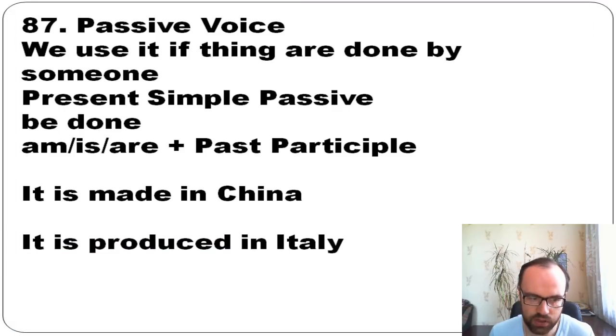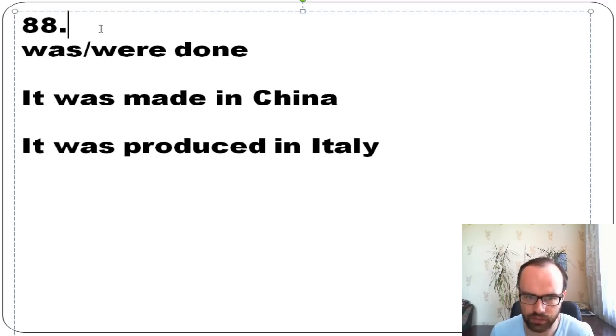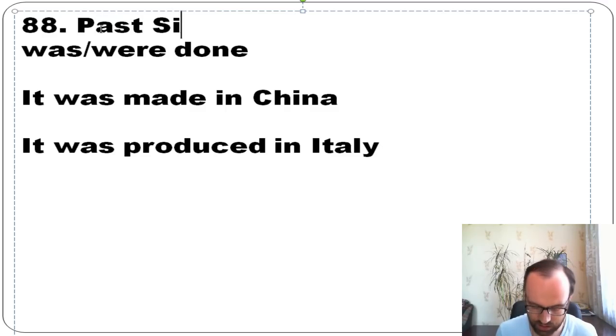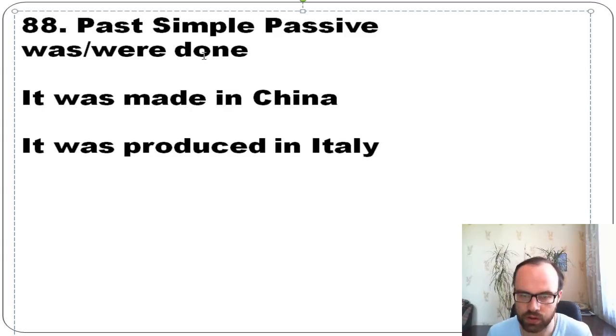Okay, so we can use it for past simple. So past simple passive: was, were, plus past participle, which can be done, seen, made, produced. For example, it was made in China. It was produced in Italy.